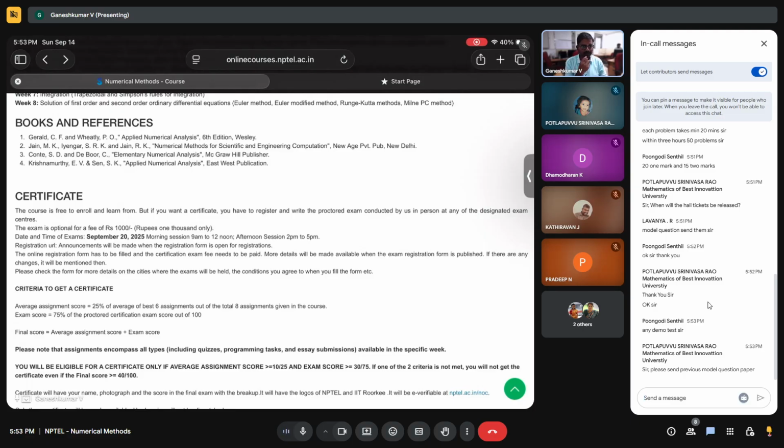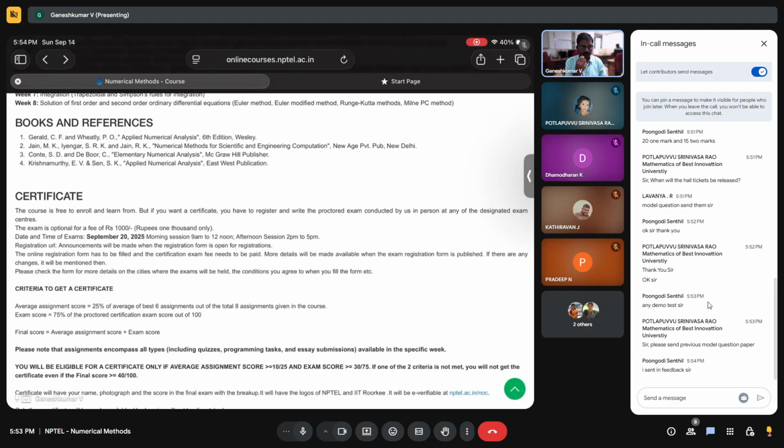You can always inquire about this in the common forum. I'm not sure there is any previous model question paper, or they don't usually release it. I haven't seen it in any other courses, so I'm not sure about this numerical methods course, but you can surely ask for it.